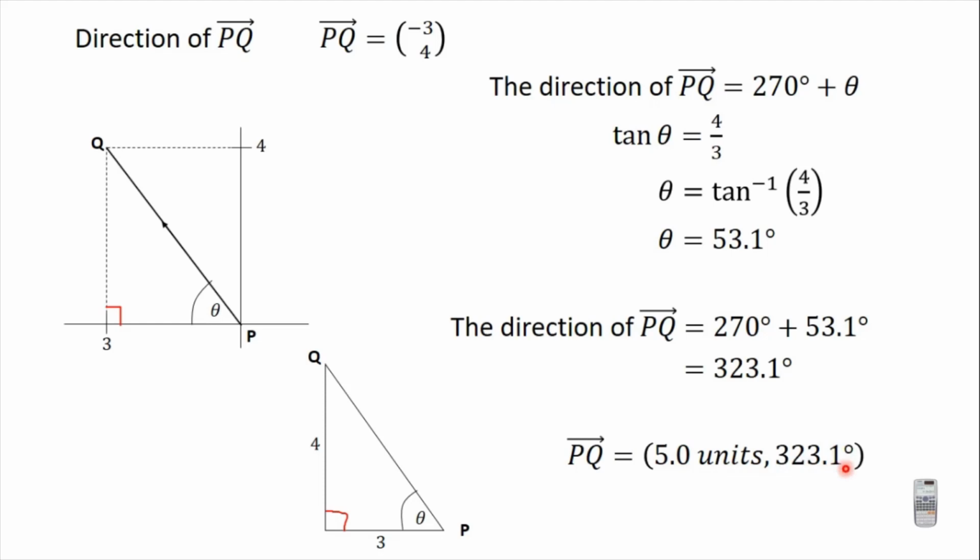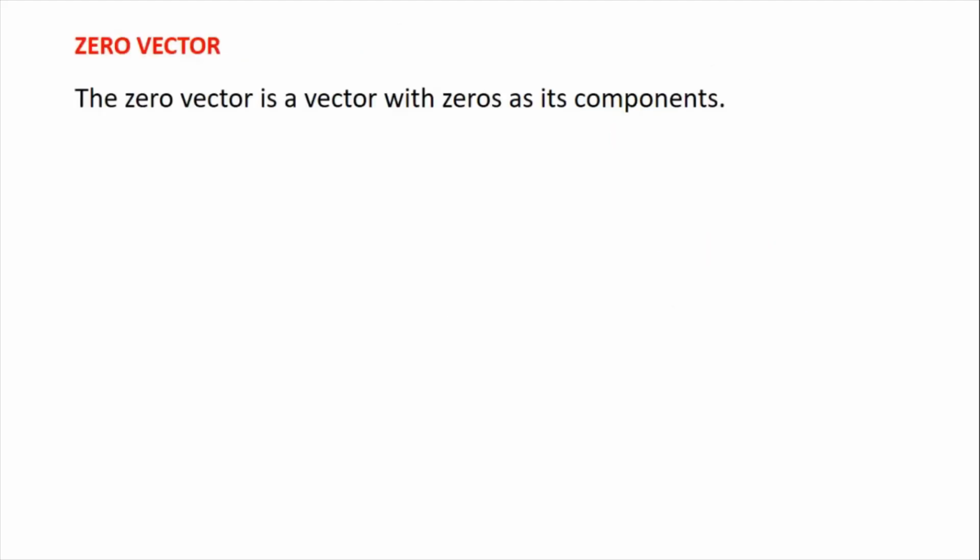So we saw quite a number of examples on finding the bearing and magnitude of a column vector. I'm sure you are conversant with how to solve it by now. Pick more examples and try your hands on it. The zero vector is a vector with zeros as its components.